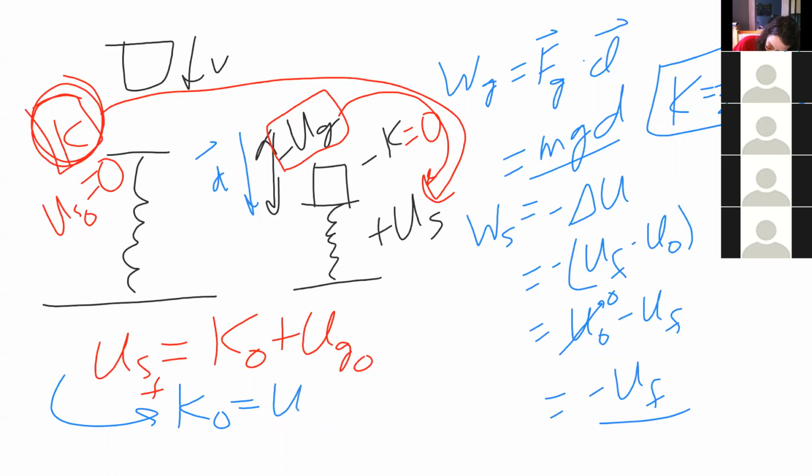The kinetic initial will be equal to our spring potential final minus our gravitational potential initial. And then we can relate that back to 1/2 mv squared.